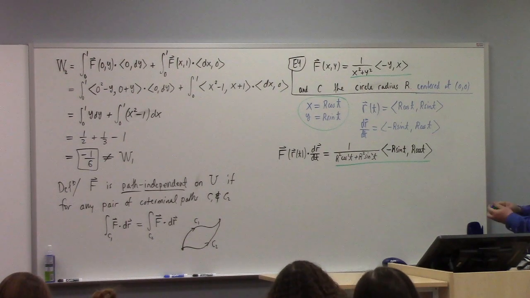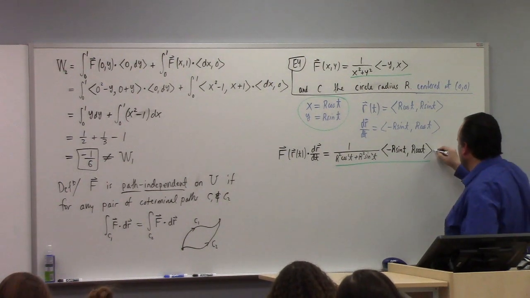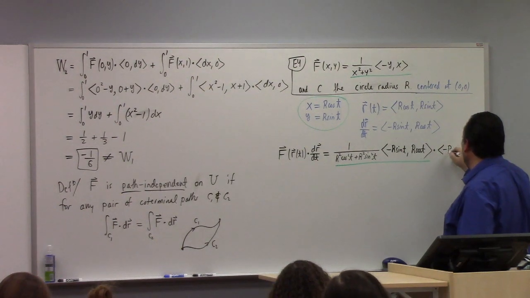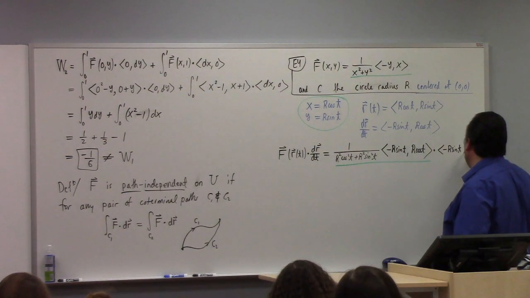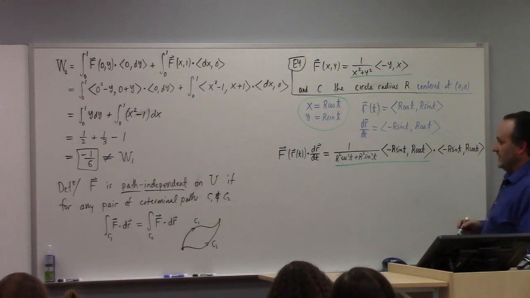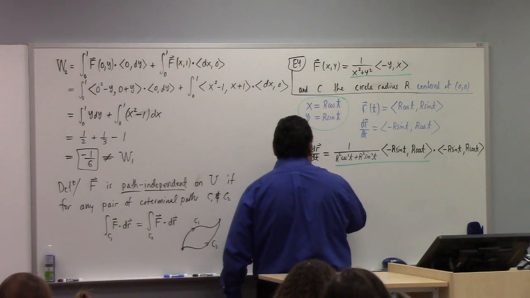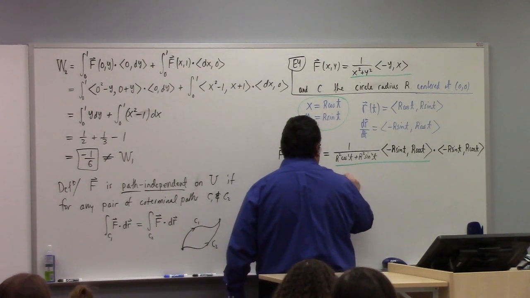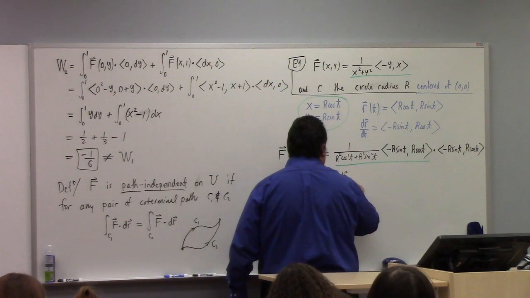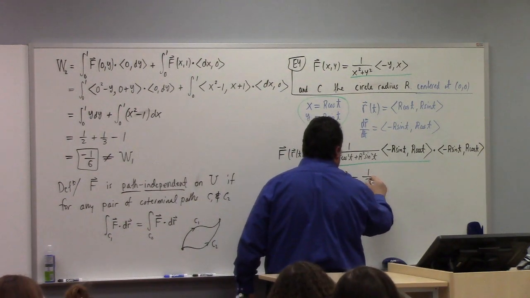Now I take the dot product with the velocity over here. I'll do it symbolically. The good news is the next step we're going to write, there's going to be way less to write here. So what do we got? What's f here? F of r of t dot dr dt. How's that work out? So that's 1 over r squared, right?